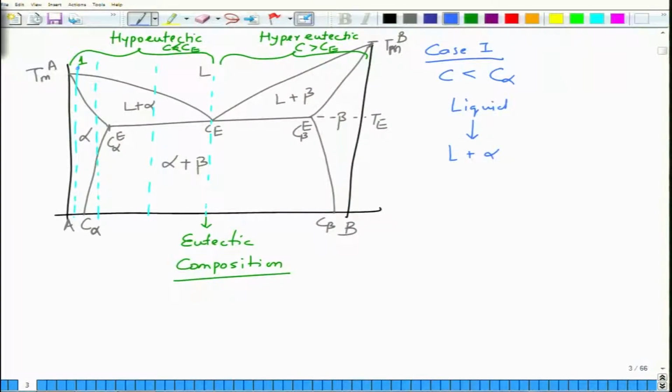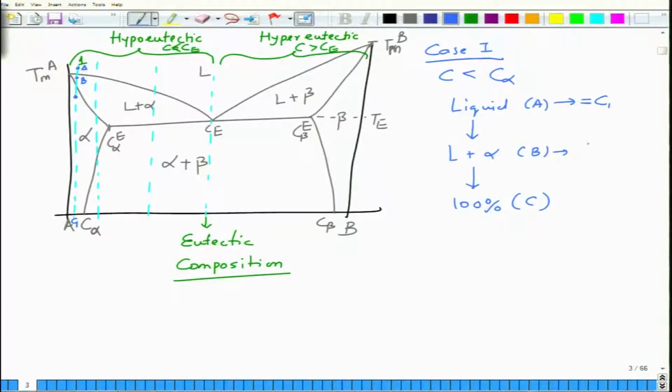So, at this point it is liquid, then it converts into liquid plus alpha. So, this is A, this is B, and finally at C it is 100% alpha. At C, the liquid composition at this point is the same as, let us say, C1.